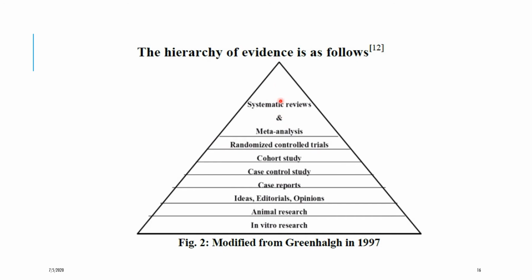If I ask you which one is the best evidence, you have to go for systematic review. But cohort study is also good because a cohort study will take a minimum of 2 years to reach a decision. So everything above this is good, but systematic review will be at the top. After that, randomized control trial.